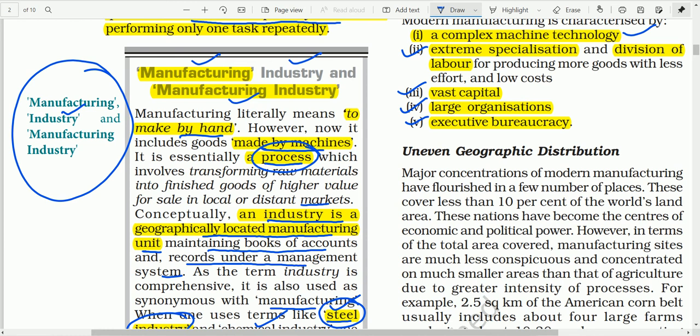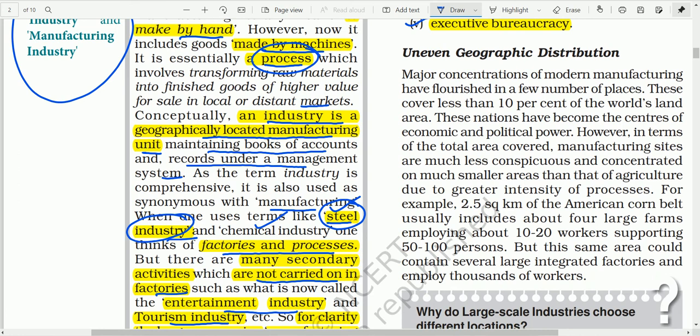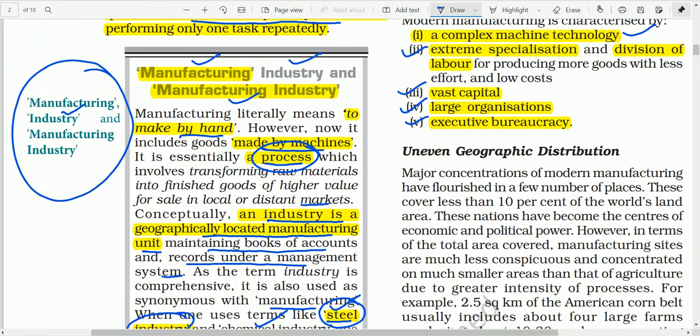However, some other industries are not performed in a particular unit, for example the entertainment industry, tourism industry, and certain others. And to get the difference between those industries and the industries which we are going to learn in this chapter, we are using the term manufacturing industries, involving factories and workers and books and accounts.